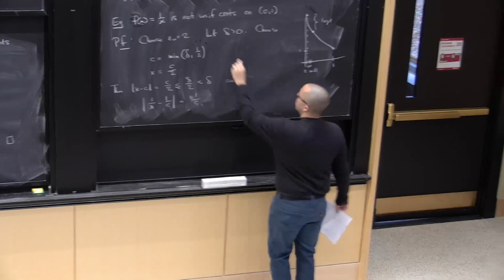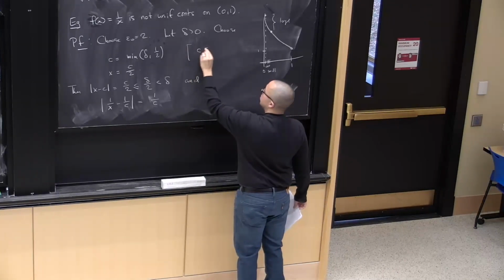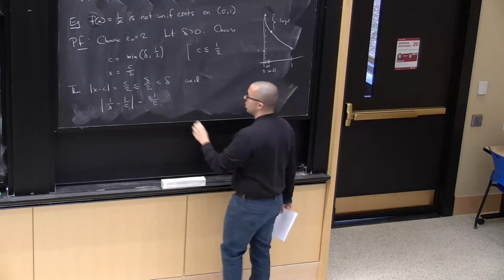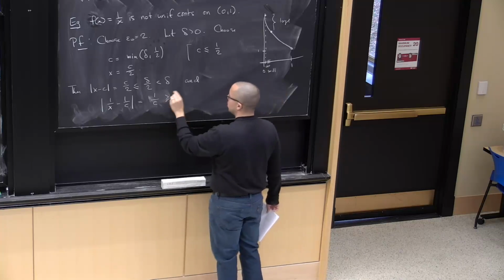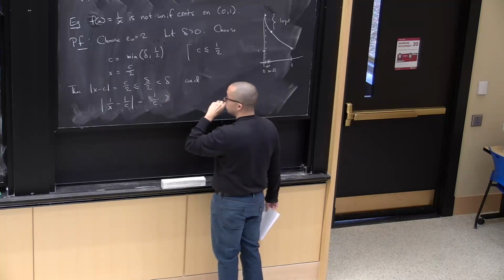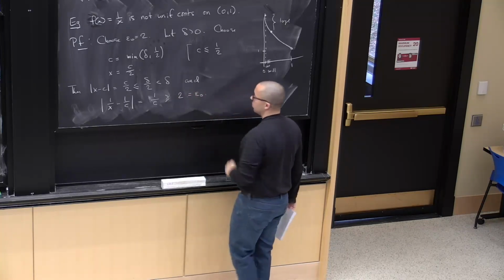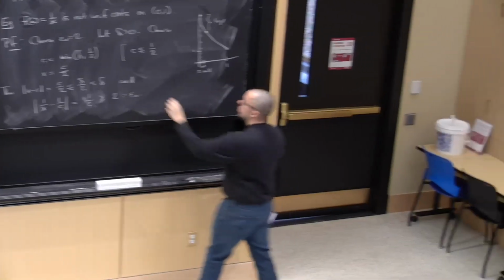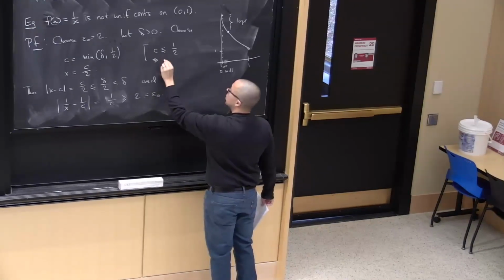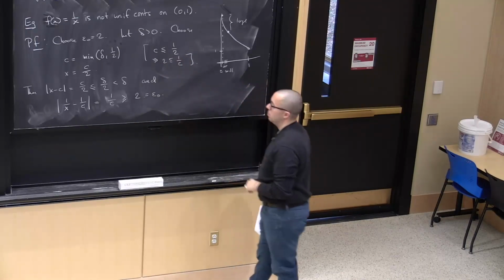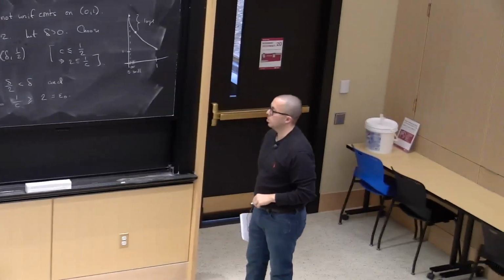Right? And now, from c being less than or equal to 1 over half, I get that 1 over c is going to be bigger than or equal to 2. All right? And that's the end of the proof.